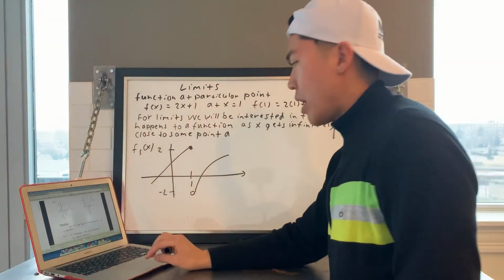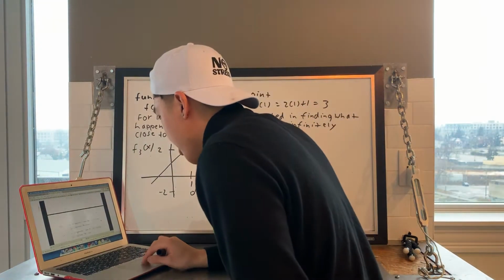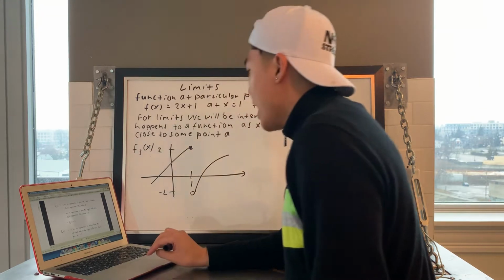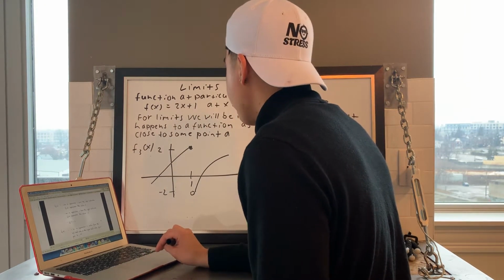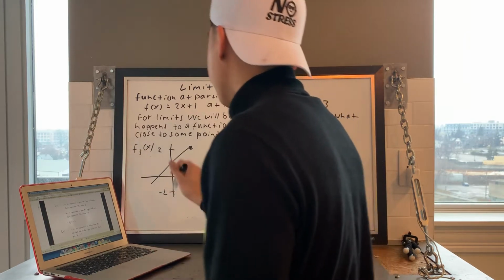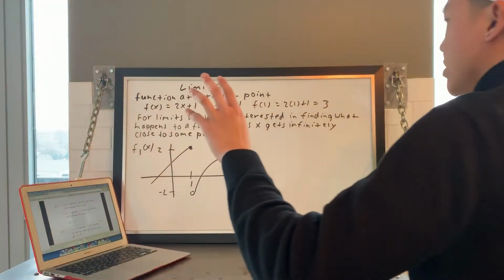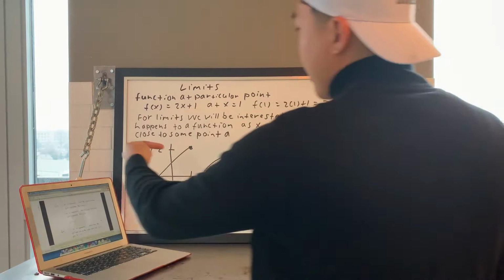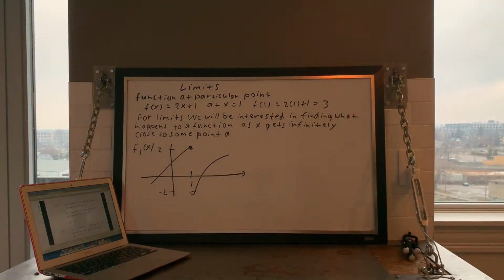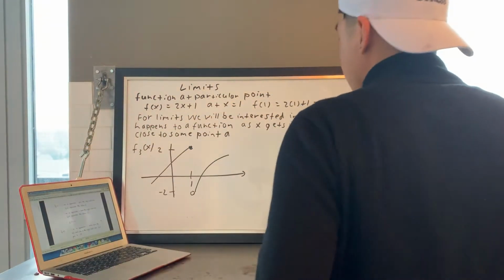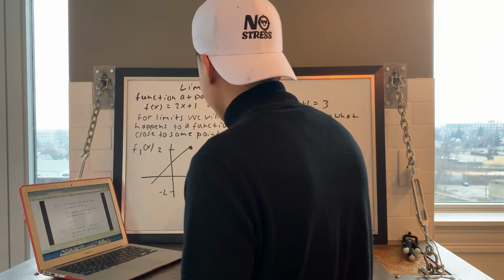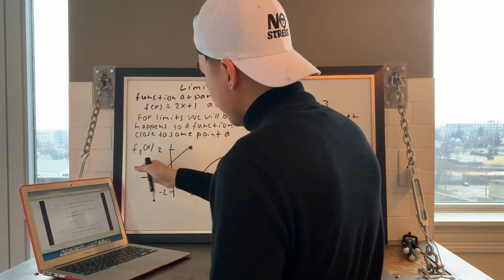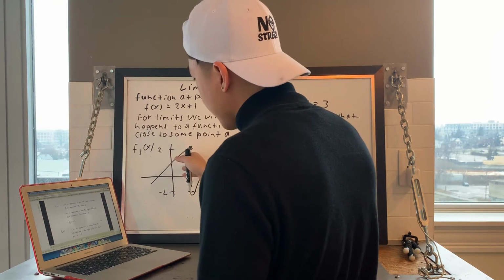Kind of a funky looking graph, got holes, got all that. So as x approaches 1 from the left, it approaches the value of 2. So this is coming from the left, literally. This would be from the right, this would be from the left. If you were to look at the page, literally whatever is to the left is this way, and this is literally coming from the right, or from the positive side. So as x approaches this from the left, it has the value of 2.